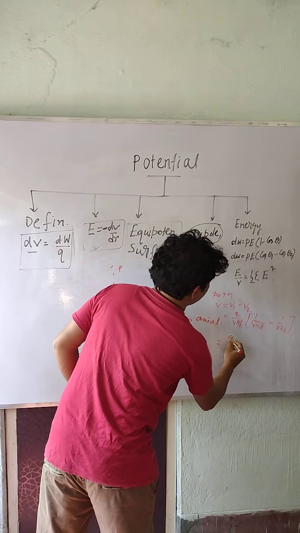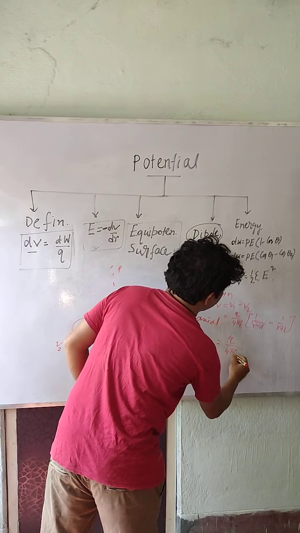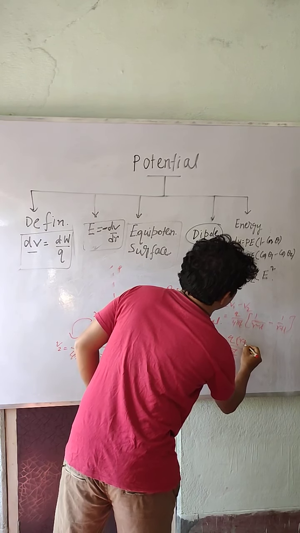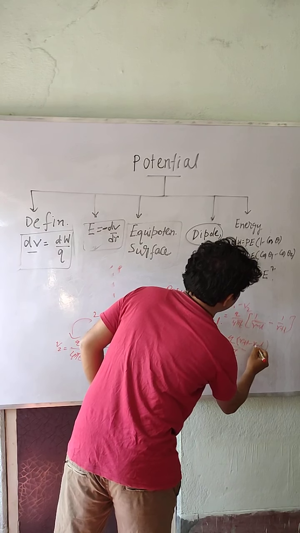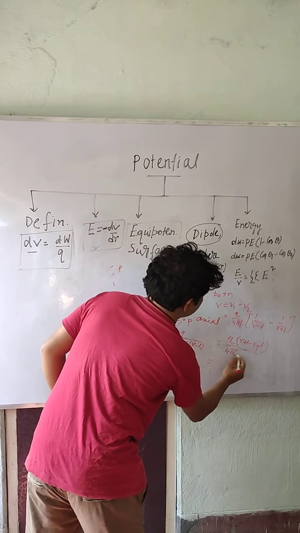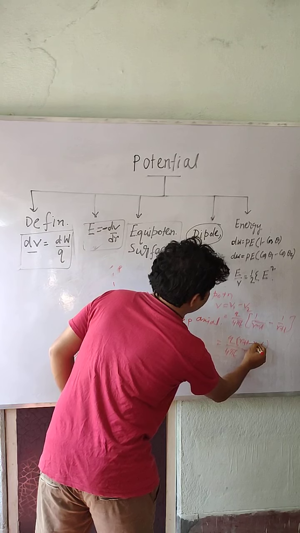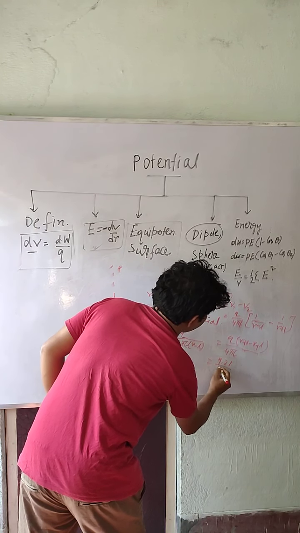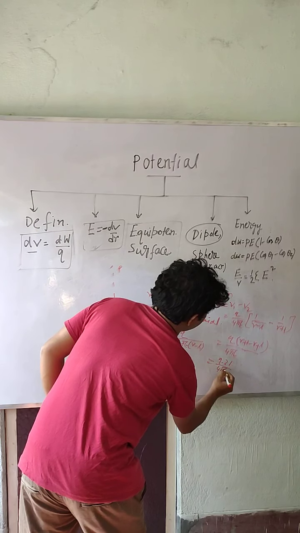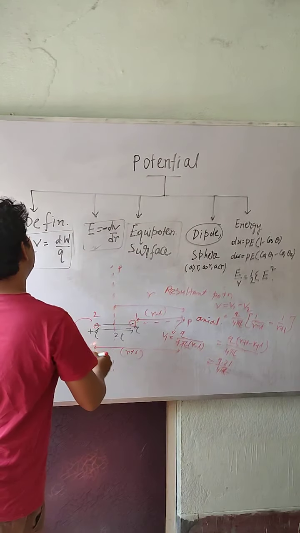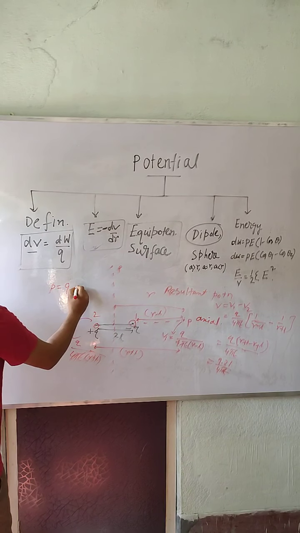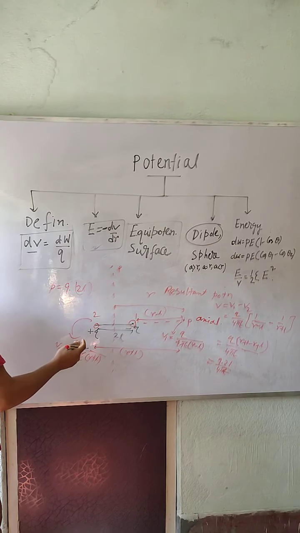Just calculate: 4 pi epsilon, and (r plus l) minus (r minus l); this will be plus, so plus r and minus r are gone, leaving 2l. So q into 2l by 4 pi epsilon, and now just put in the dipole moment P, which is equal to one of the charges multiplied by the distance between the two poles.